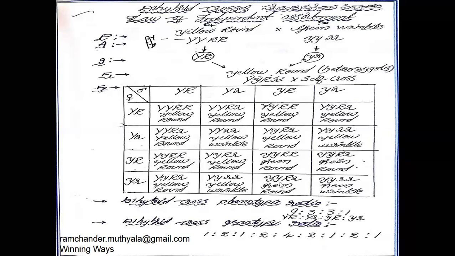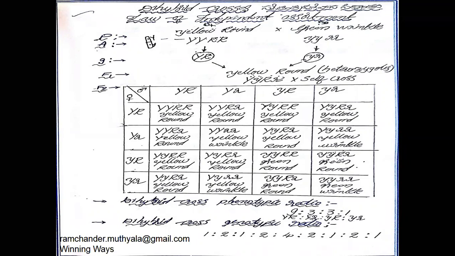From these 16, 9 plants have yellow cotyledons and round seeds, 3 plants have yellow cotyledons and wrinkled seeds, 3 plants have green cotyledons with round seeds, and one pea plant has green cotyledons and wrinkled seeds.